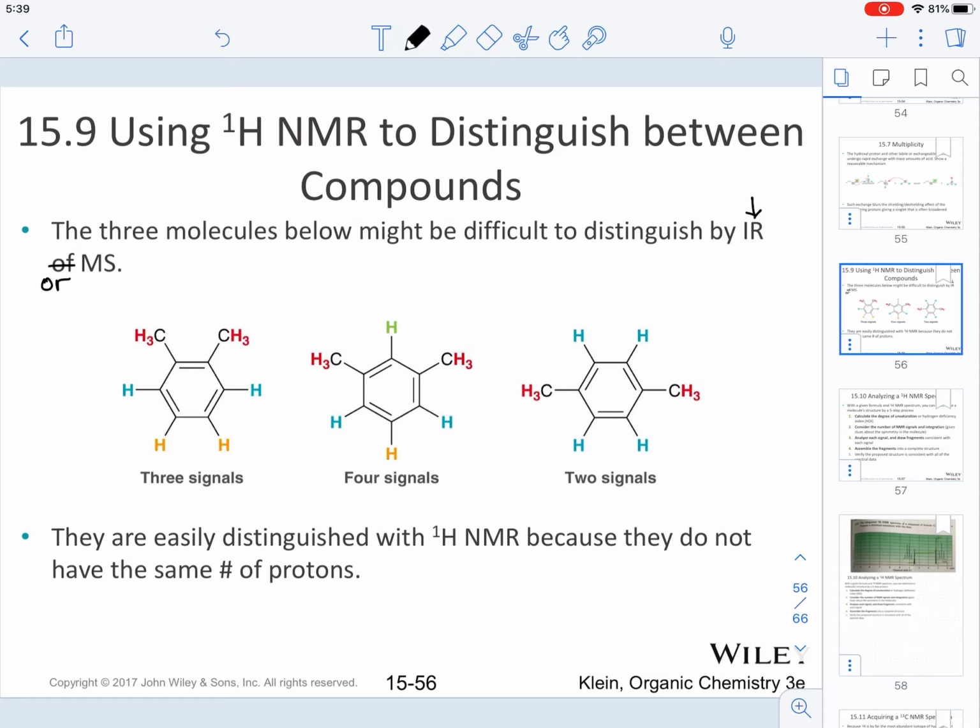IR will not be a technique in which we can distinguish all three of them.